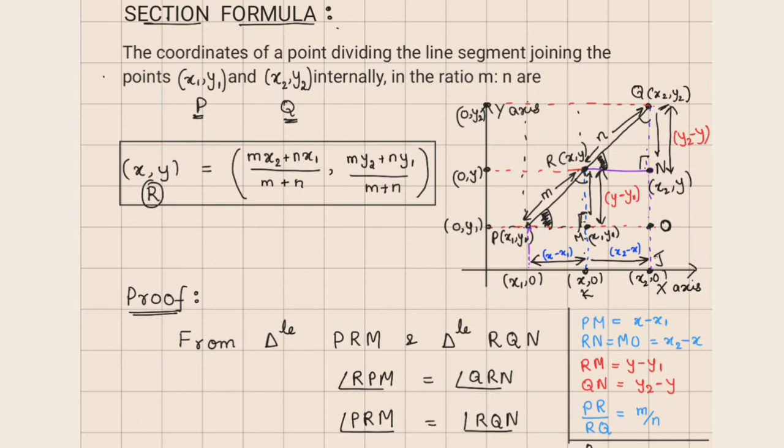Why? Because these two lines are parallel, so these angles will also be equal. Similarly, angle R and angle Q are also equal, because these two lines are parallel. I think these are corresponding angles.